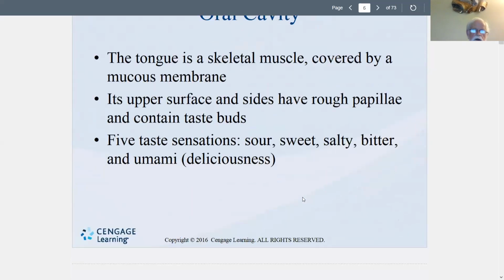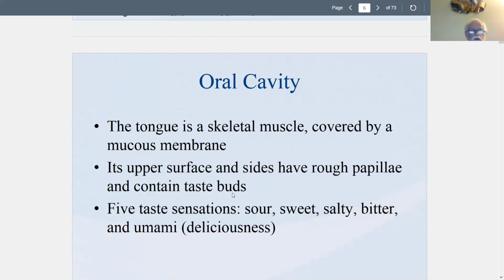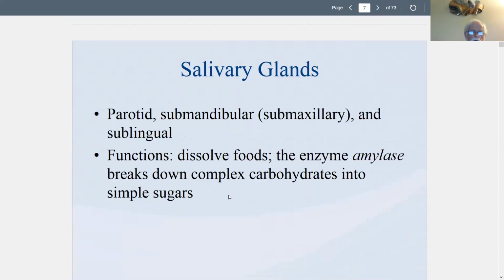The tongue is a skeletal muscle, part of the oral cavity, covered by a membrane. Upper surfaces and sides have rough patches that contain our taste buds, and we have 5 sensations: sour, sweet, salty, bitter, and what's known as umami, which translates as deliciousness.